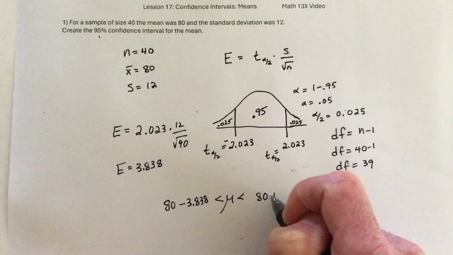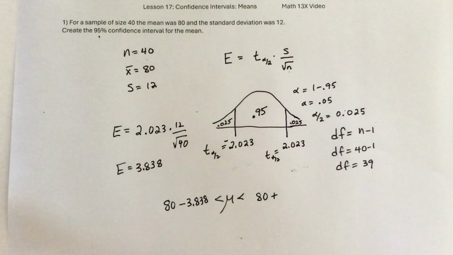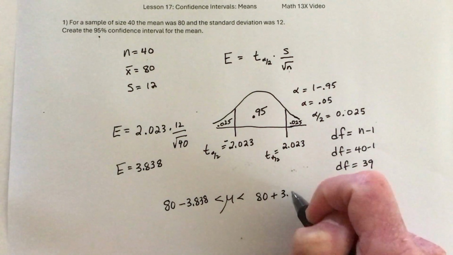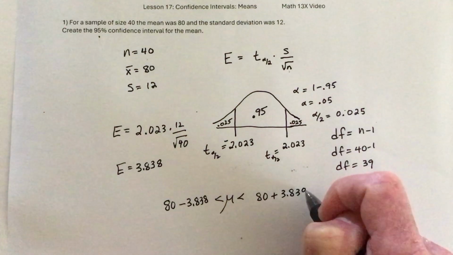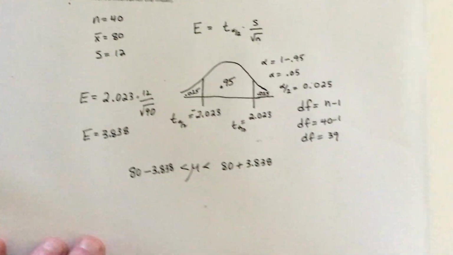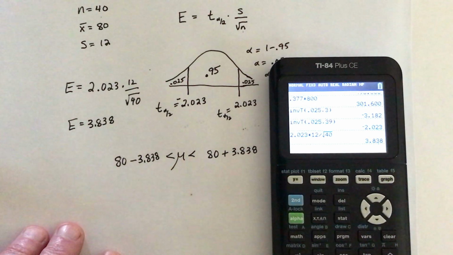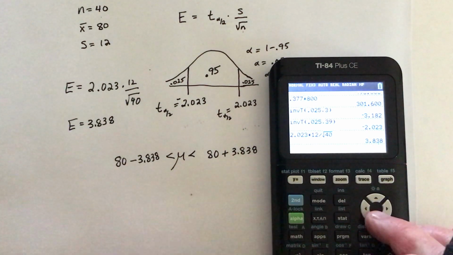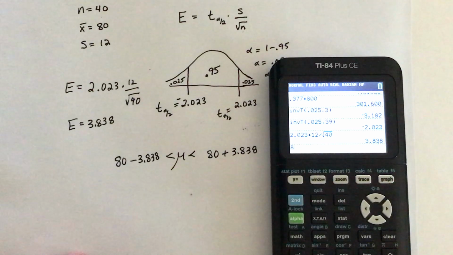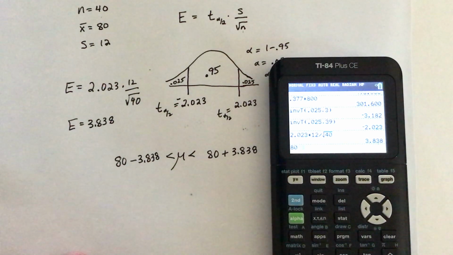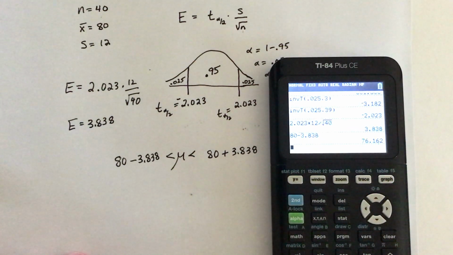And then on the right, do the same thing, except add the error, 3.838. So on the left, it's going to be 80 minus 3.838. And then on the right, it's going to be 80 plus 3.838.